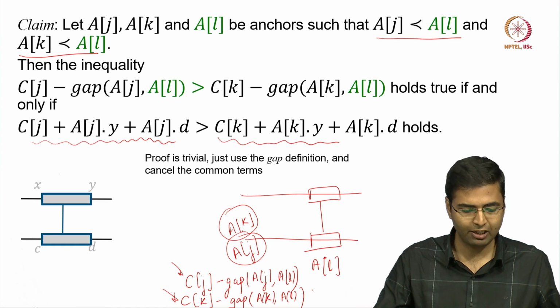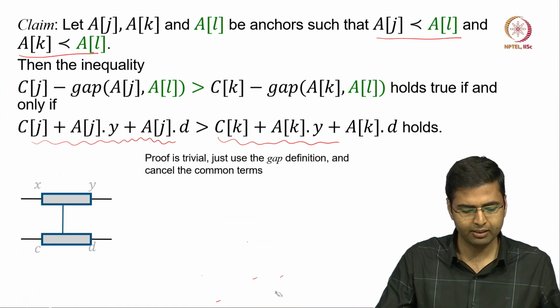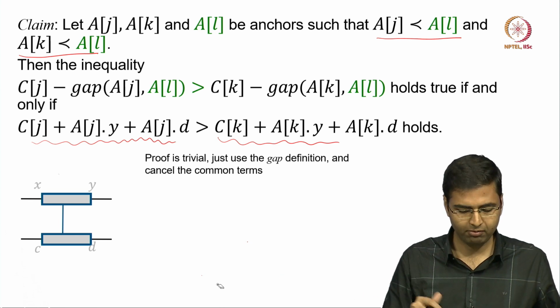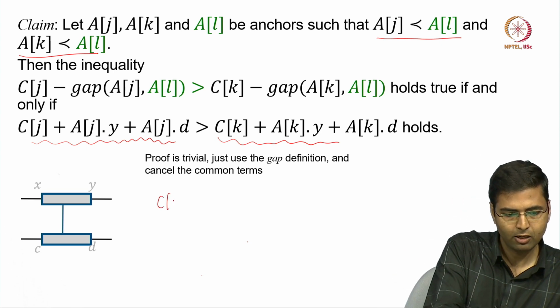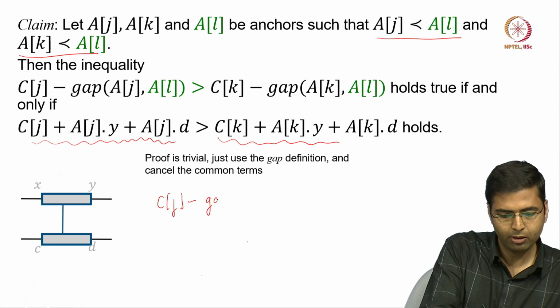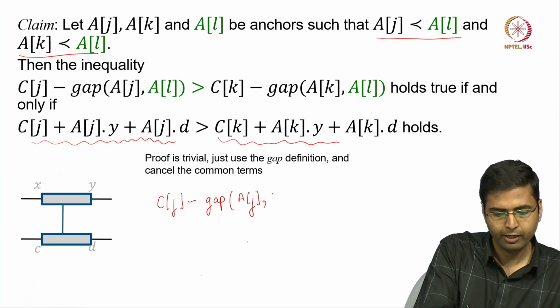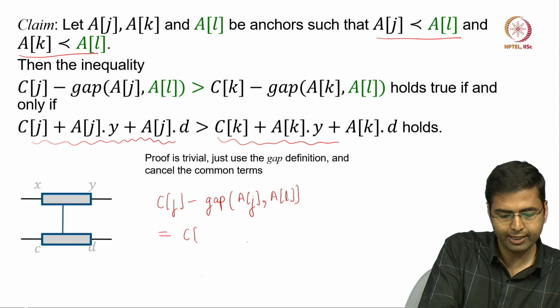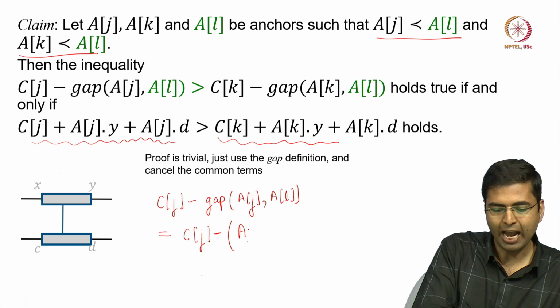So, the proof of this inequality works as follows. The proof is actually trivial because all we have to do is expand the gap cost definition, and as soon as we expand it, it will immediately come out. So, Cj minus gap(Aj, Al), if you expand it, is equal to Cj minus the gap between these two anchors.